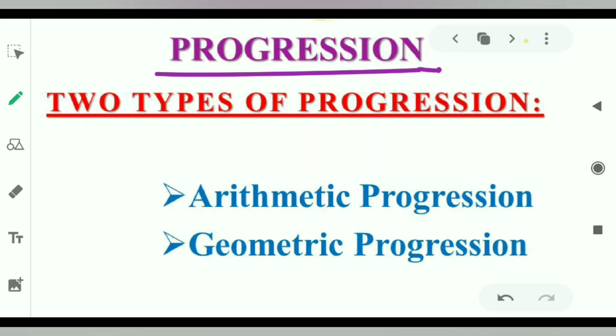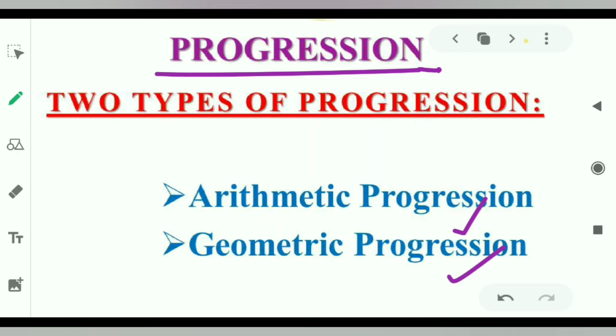In case the sequence has common difference as relation between two consequent numbers, then we call it as arithmetic progression. In case the two consequent numbers have common ratio as their relation, then we call it as geometric progression.